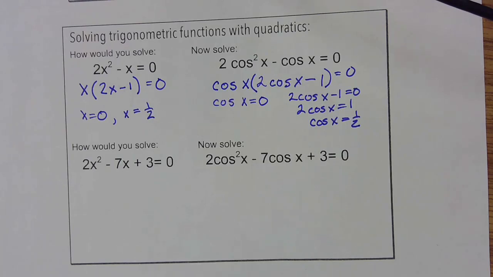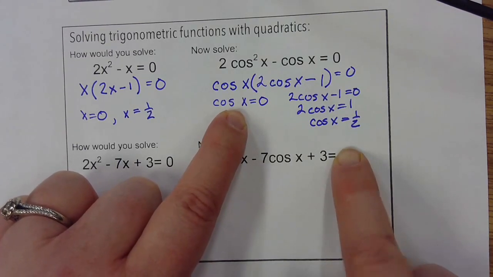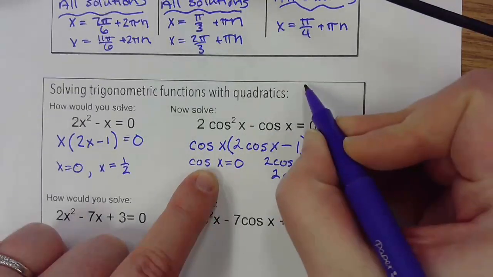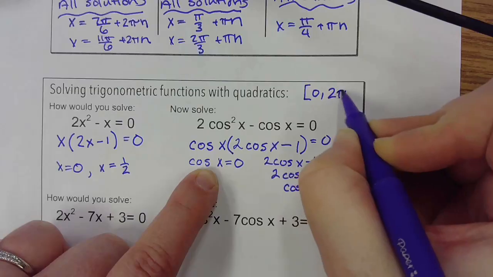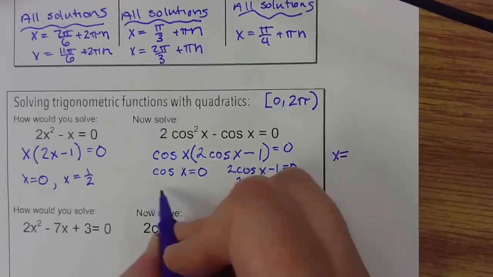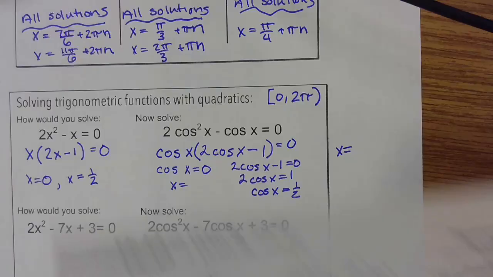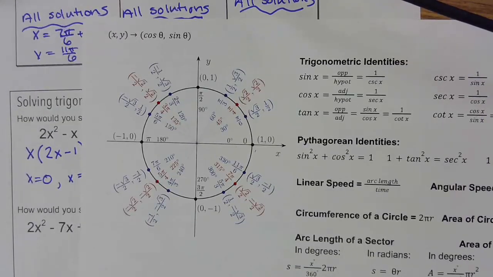Now we need to think about, where does this happen? What angle has a cosine of 0? Again, if we're on the interval from 0 to 2 pi, where do these solutions happen? So really I'm just looking at, where's cosine 0? Cosine is your first coordinate.